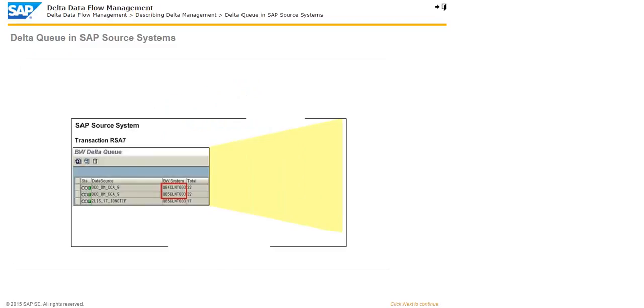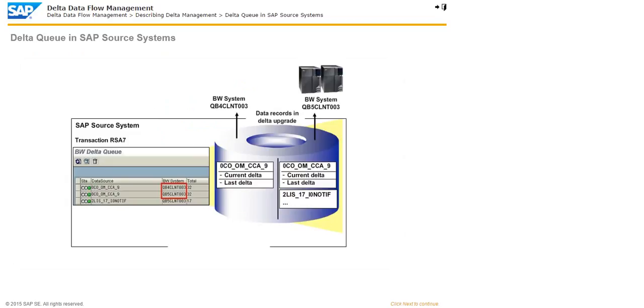The Delta Q is a Service API or SAPI function. This is the central interface technology used to extract data from SAP source systems to an SAP BW system. Consequently, the Delta Q is only used in SAP or SAP BW source systems.